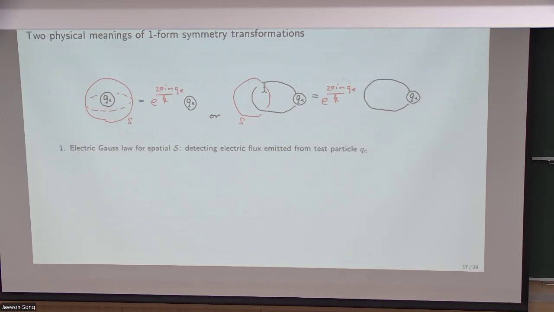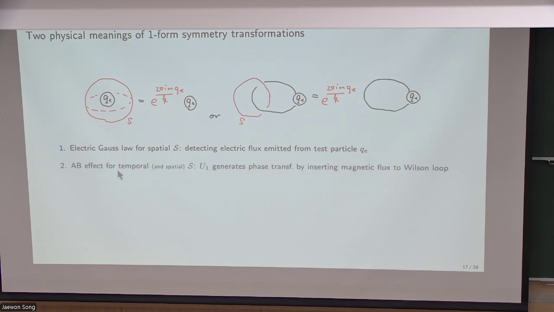There are two physical meanings of this one-form symmetry transformation. One is the electric Gauss law, by taking the spatially extended surface. This is the same as ordinary electromagnetism. This symmetry generator is just detecting the electric flux emitted from the test particle.